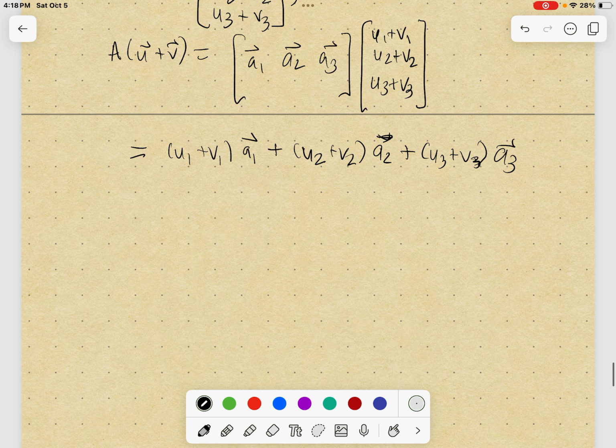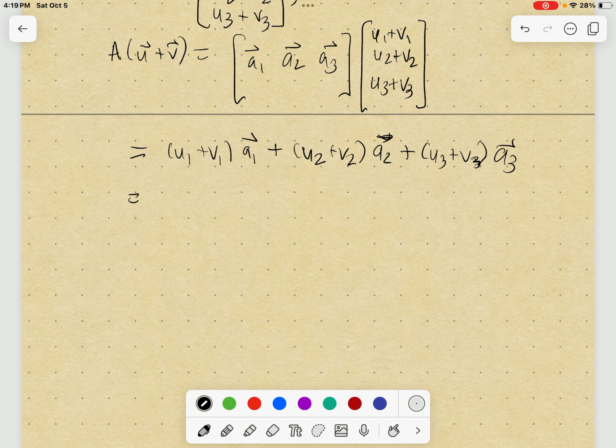Now, there's this property: what do I have here? I have a scalar times a vector here, a scalar times a vector there, and a scalar times a vector there. When you have a sum of two scalars being multiplied by a vector, you can distribute the scalars across.